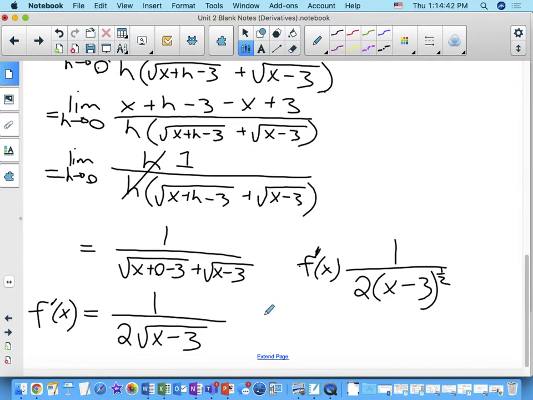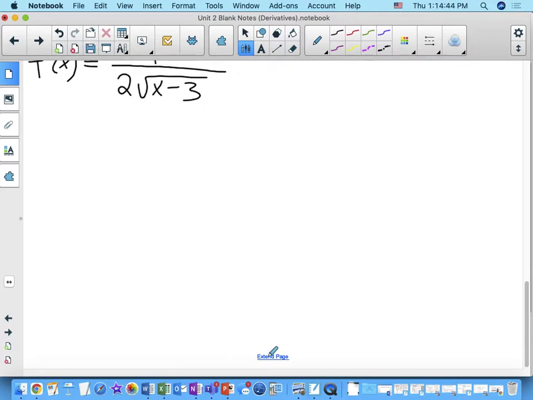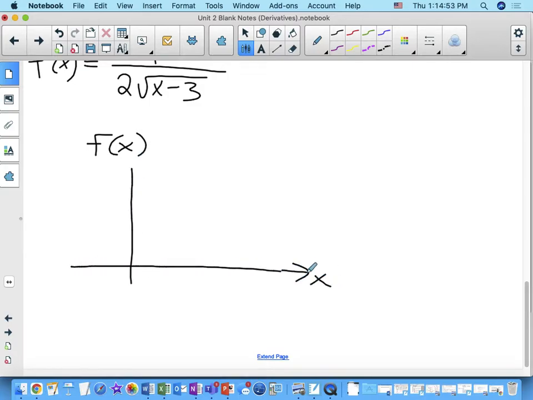If we're looking at f of x, it's a radical function. What is it going to look like? What does a radical function look like?